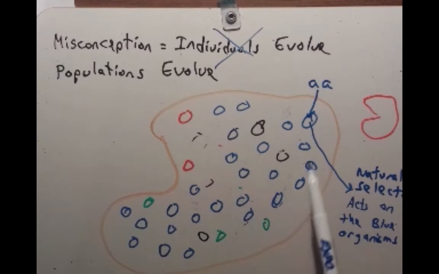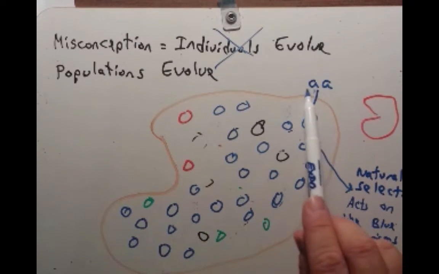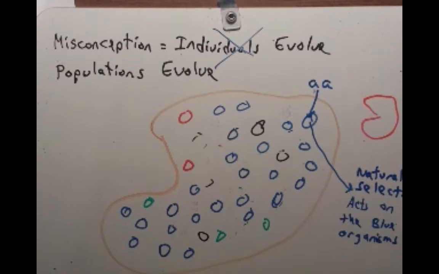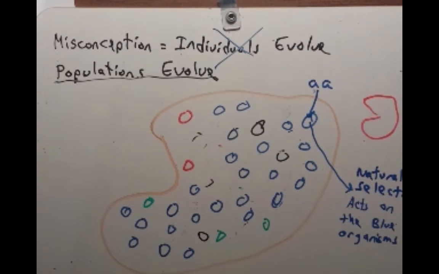And now they can pass these alleles onto their progeny more effectively than the black ones or the red ones or the green ones, who have a different allele pair. Over time, the population evolves. Natural selection acts on the individual. Evolution is observed in the population.